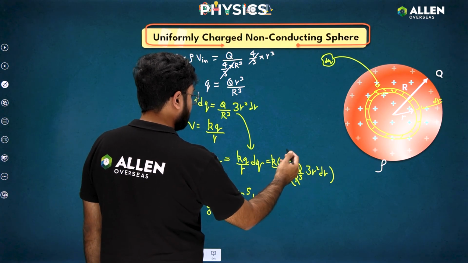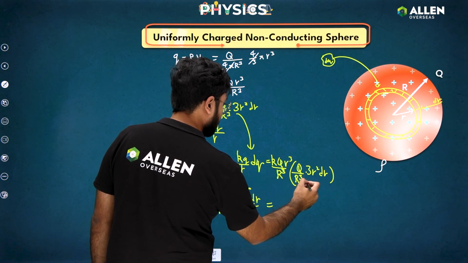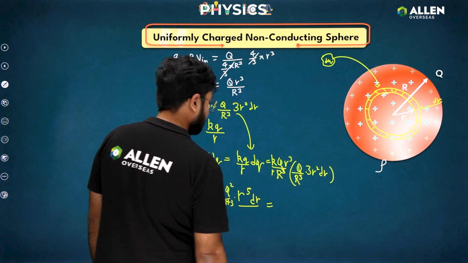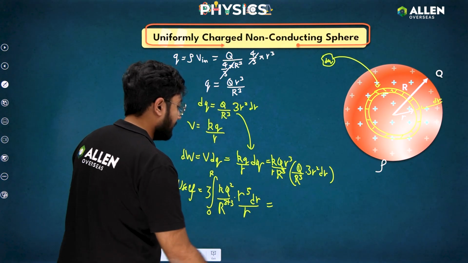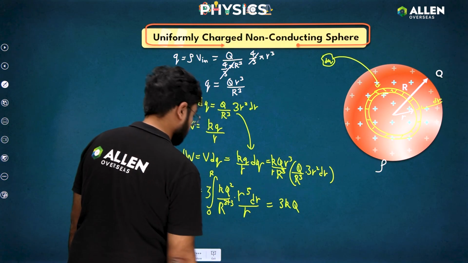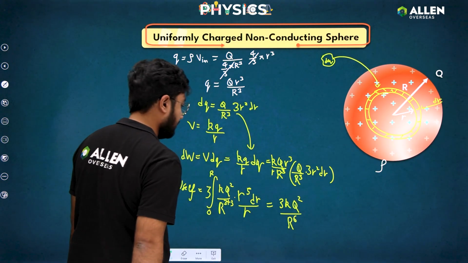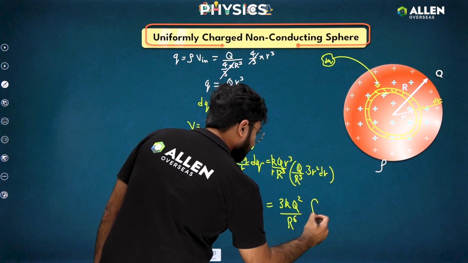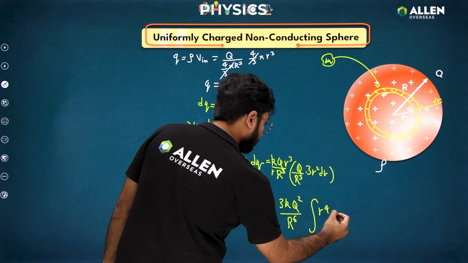So this is kq squared by R, and there is one more R here. So this will be equal to 3kq squared by R to the power 6, integral of r to the power 5 dr.